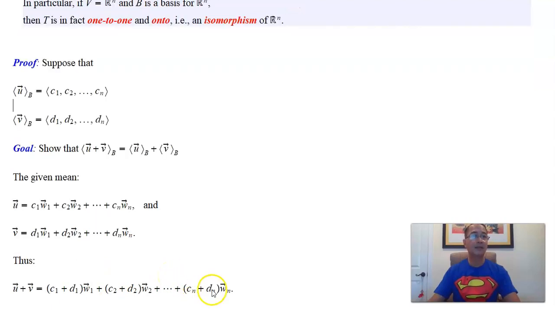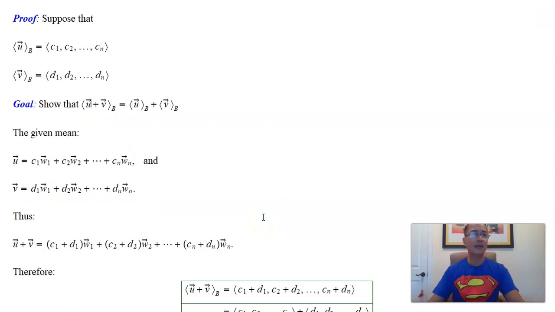Everything fits together nicely. And of course, factor out W1 from C1 plus D1, and so on. So now, how do we find the coordinates of U plus V with respect to this basis? They're right there. We're looking at them. This is the first coordinate, this is the second coordinate, and so on.